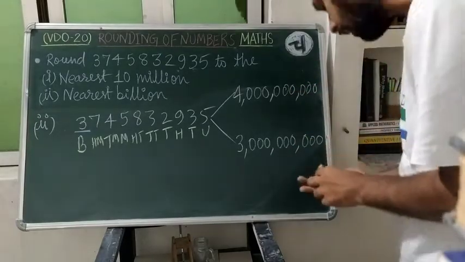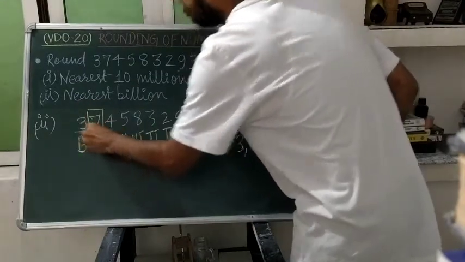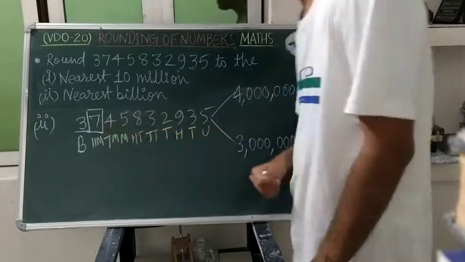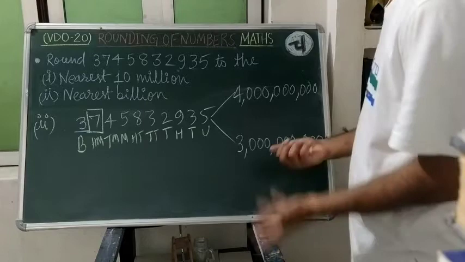and after it what will we do? We will select the number present on the right side. The number present on the right side is 7, and for 7 what will we do? For 7 we will round up.